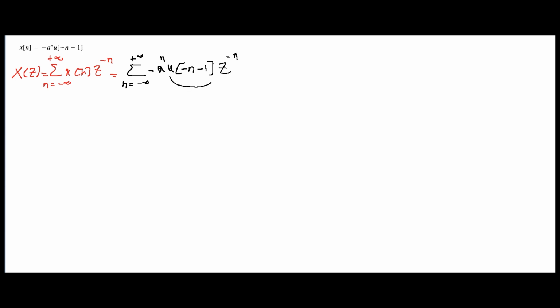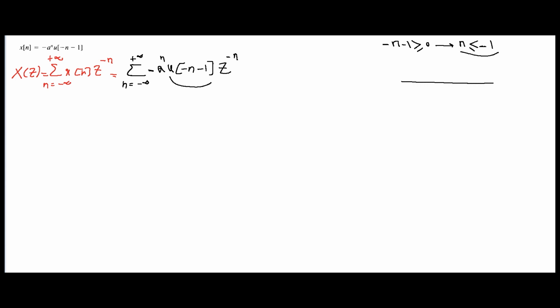Our first task is to determine the behavior of u[-n-1]. As you know, the unit step function is equal to 1 only when its argument is greater than or equal to 0. Therefore, -n-1 must be greater than or equal to 0. Solving this inequality gives n less than or equal to minus 1.